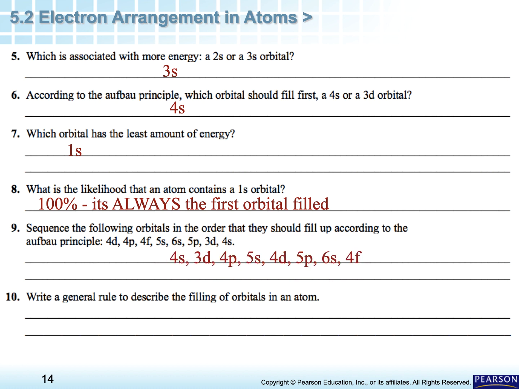And then behind that is 3d, then 4p, 5s, 4d, 5p, 6s, and 4f. It's basically just reading across the Aufbau principle. And the general rule for describing the filling of orbitals, Aufbau's principle. You always fill the lowest one first.